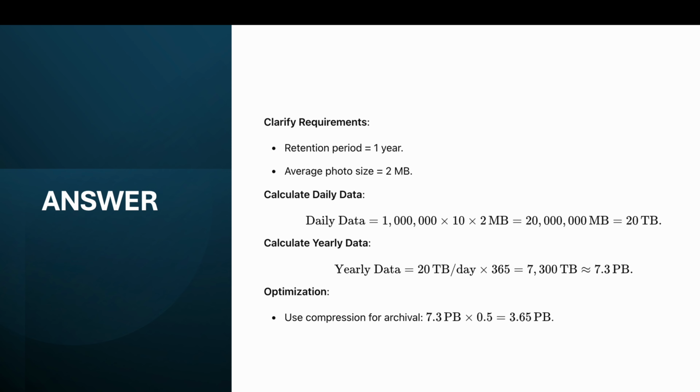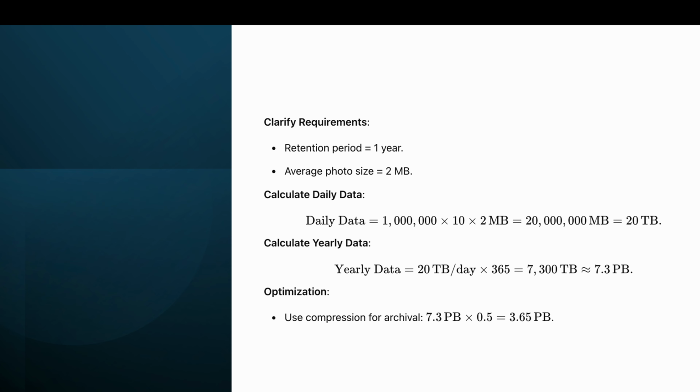Always remember, when you talk about text, photos, or videos, you must clarify upfront whether we can do optimizations with compression to save data storage. Let's say we agree we can do 50% optimization. Then we take 0.5 of 7.3 petabytes, which comes to around 3.65 petabytes of data.